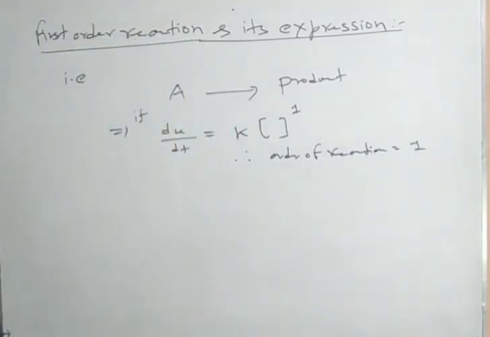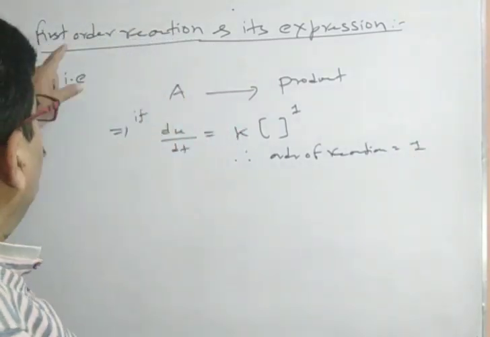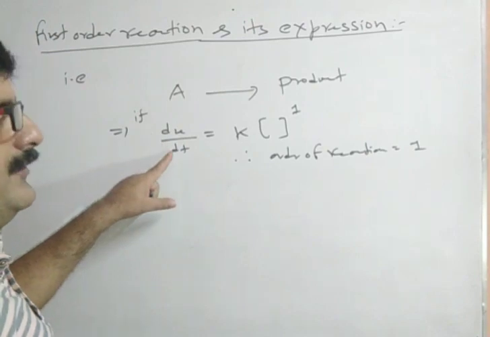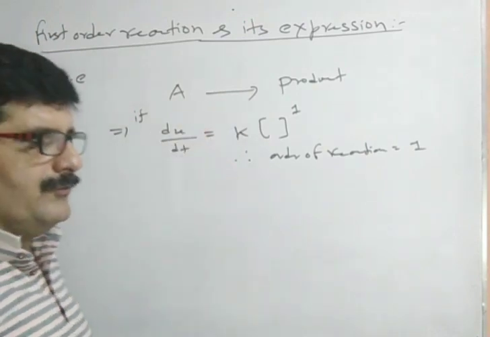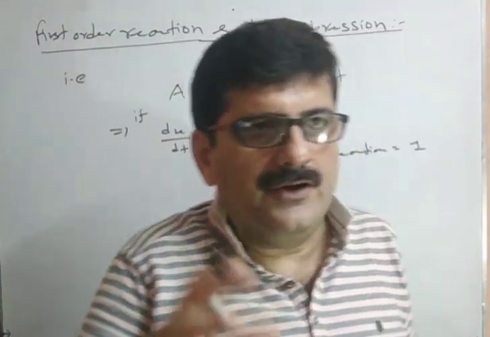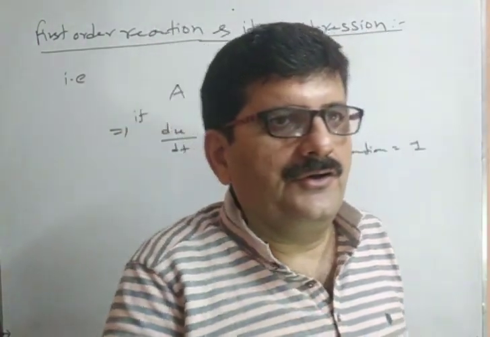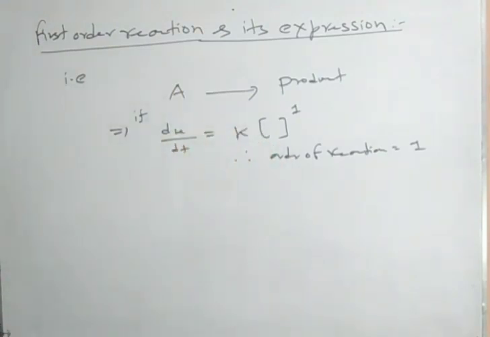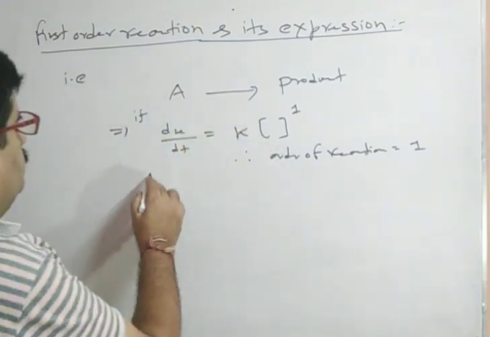So such a pattern of reaction is said to be a first order reaction. In other words, we can say that when rate of reaction is directly proportional to concentration of the reactant, then our reaction becomes first order in nature. This expression is an experimental fact.